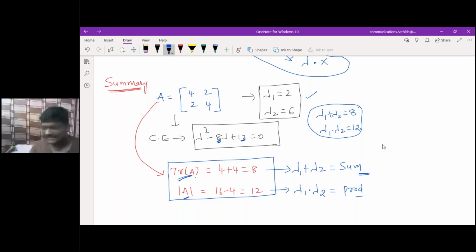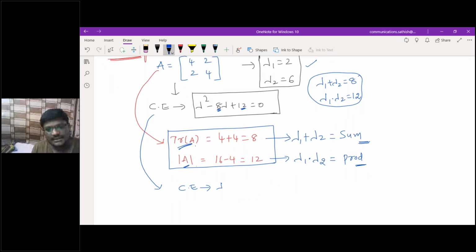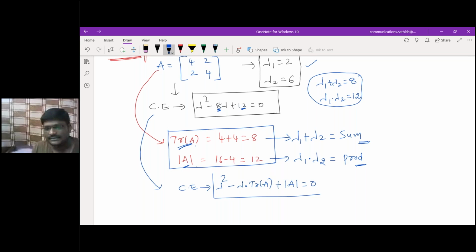From this, for a second order matrix, the characteristic equation is lambda square minus lambda into trace of the matrix, plus determinant of A, equal to 0. Yes or no?